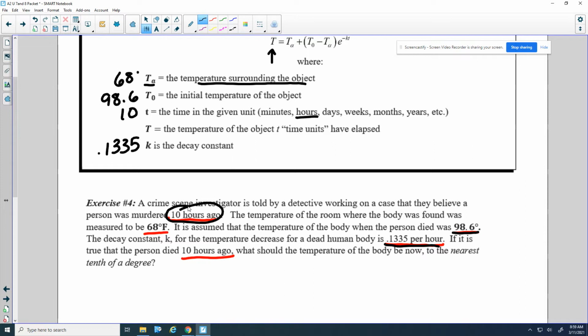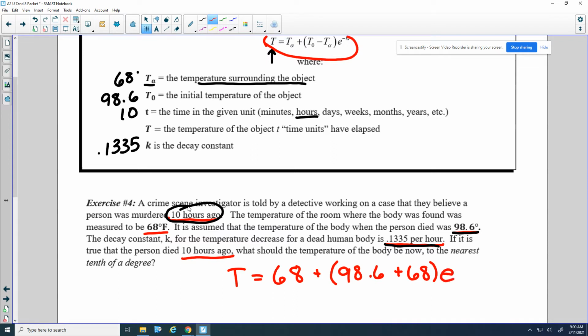So let's plug these numbers in. I'm using this formula once again right here. So I'm finding T. My T sub alpha is 68. My T sub 0, or the starting temperature, is 98.6. We have another T sub alpha, which is 68. Then we just have the number e to the negative k.